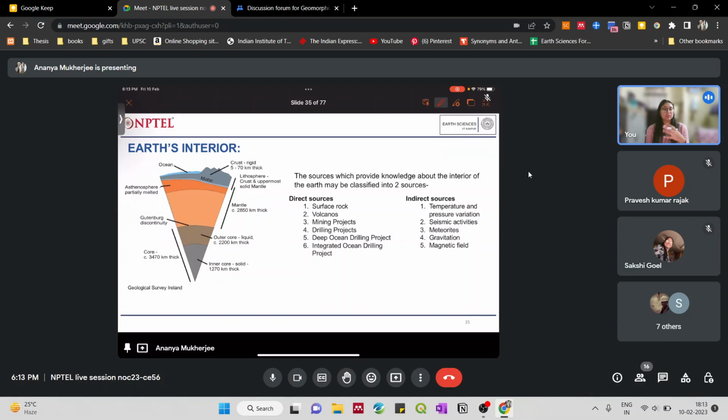using different techniques. So you have the temperature and pressure variations, you can have seismic waves and how they are traveling, and the travel time information from seismic waves. Then you have meteorites: we find samples of meteorites, we try to understand their composition, we try to date them, and compare that information with what we know about the Earth's composition and Earth's age.